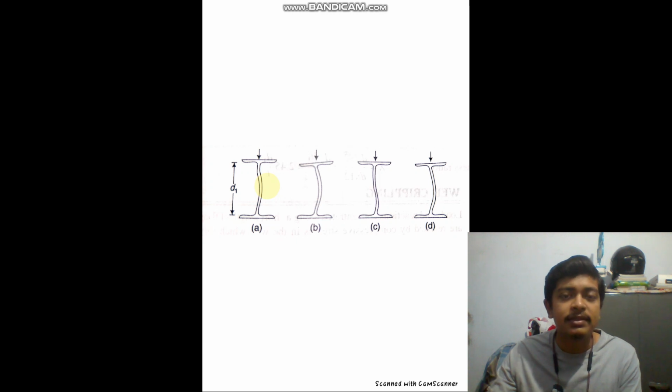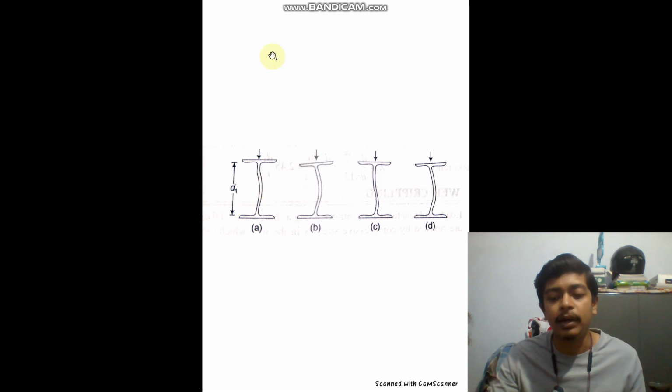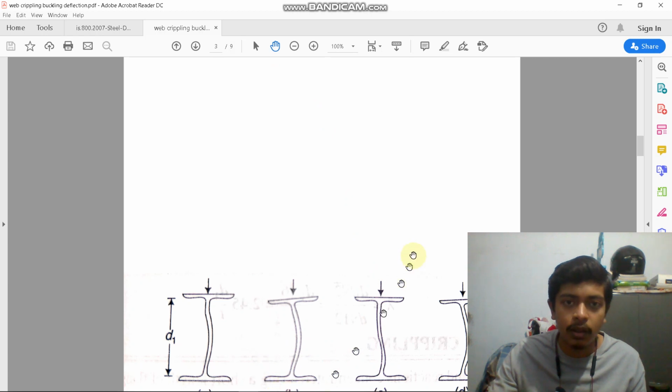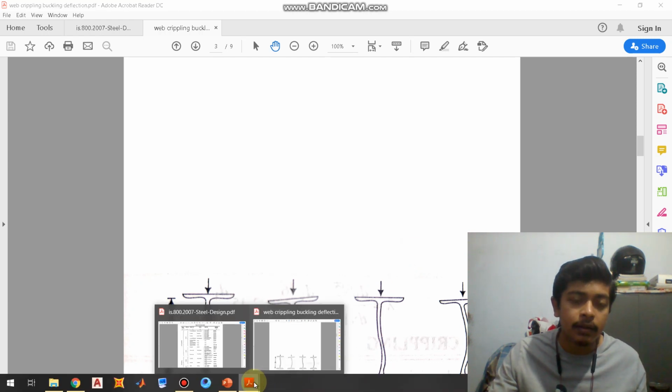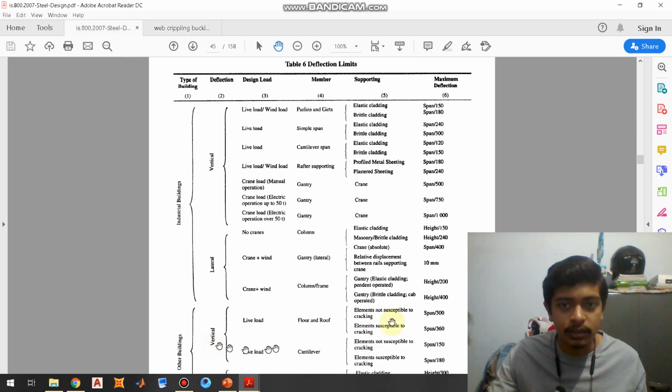If it is less than 67 epsilon, then we don't check for web buckling. We assume that it is safe. But in case it is greater than that value, ultimately we have to check for shear web buckling. So that's that.